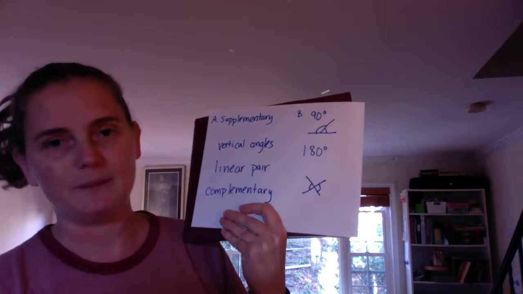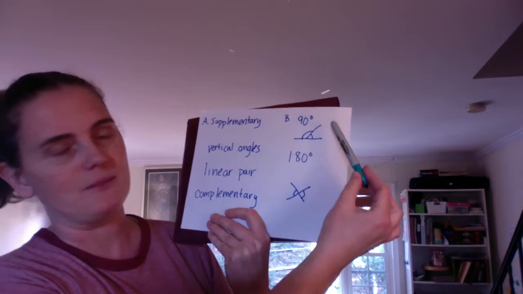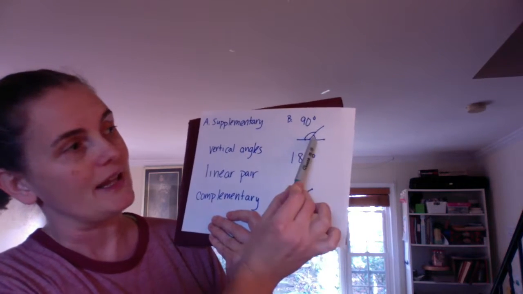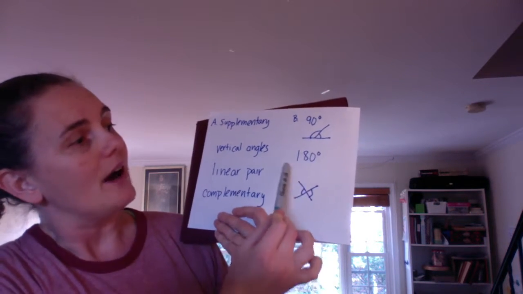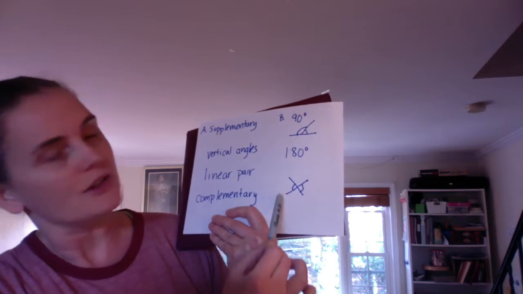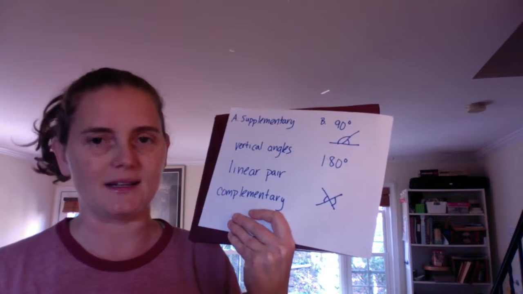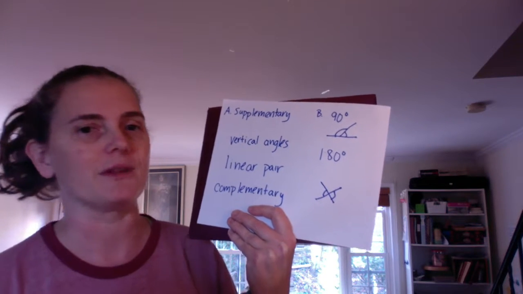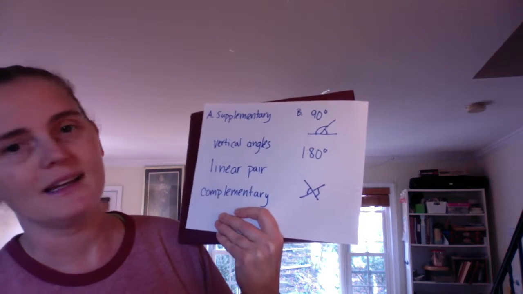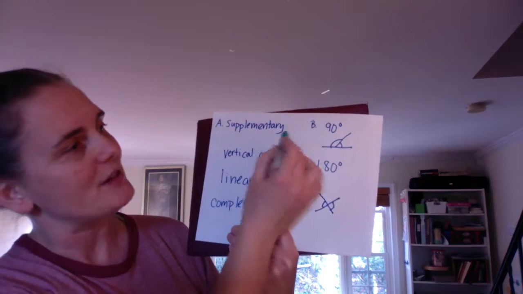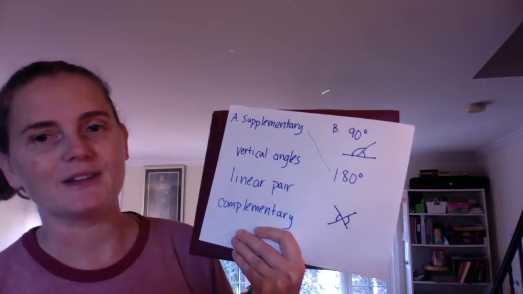Okay, so supplementary. Are those angle pairs 90 degrees? Do they look like this? 180 degrees? Do they look like this? So which one's the one that pops to your mind instantly? Because actually, this one might have more than two ways of describing it. Supplementary, just by definition, 180 degrees.